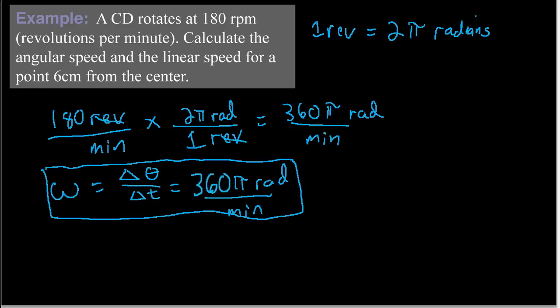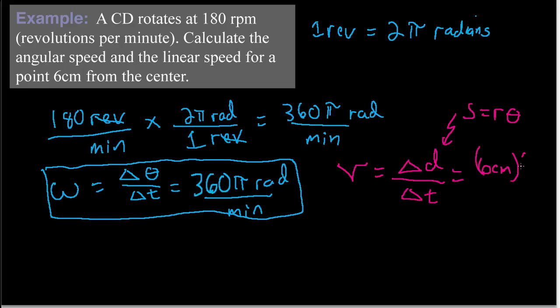To calculate the linear speed, change in distance over change in time. The distance is the same thing as an arc length, which is r times theta. So to calculate the linear speed, I'm going to take our radius, 6 centimeters, multiply it by our angle, 360 pi, and divide that by time, which happens to be 1 minute.